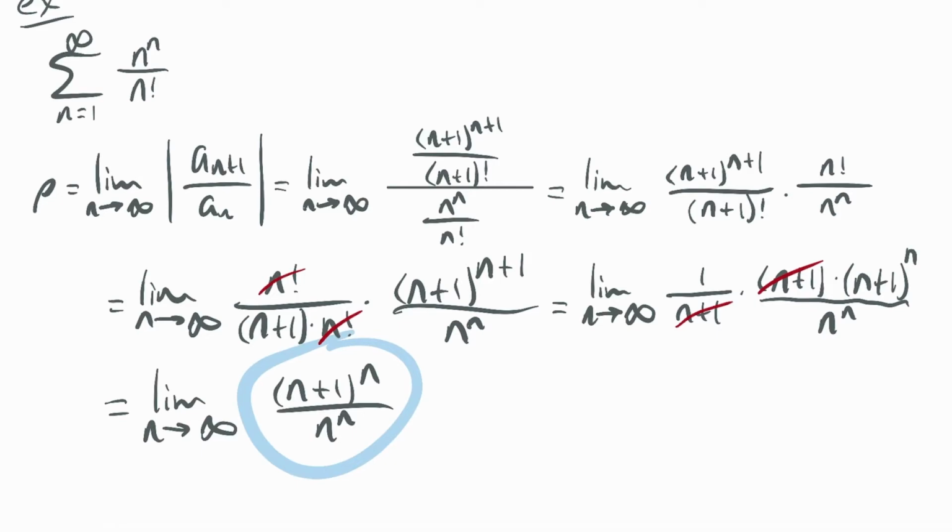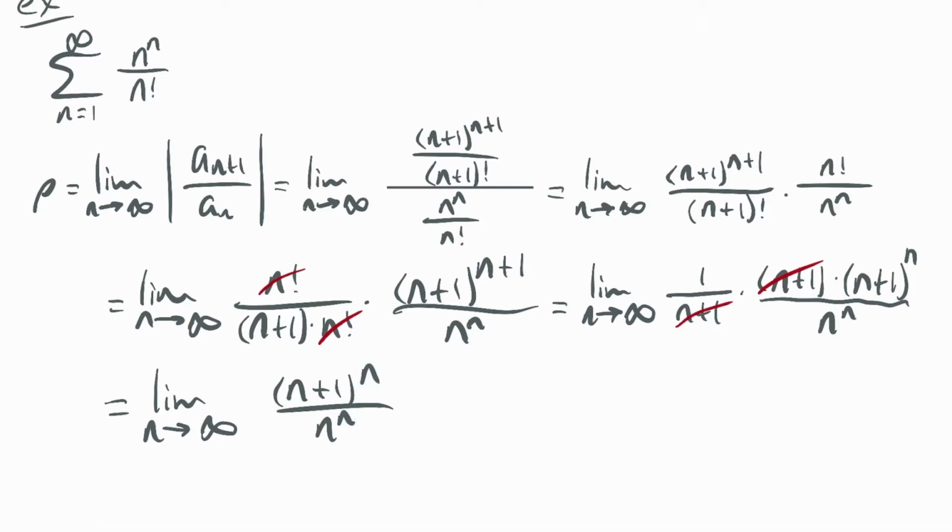We've canceled basically everything that was present. The factorials are all gone, so that's nice. Maybe it appears like we can't cancel anything else. These bases are not the same, so what can we do? Well, what we can notice is that this exponent is the same. Previously, this exponent was different, n plus 1. Now they're both n.